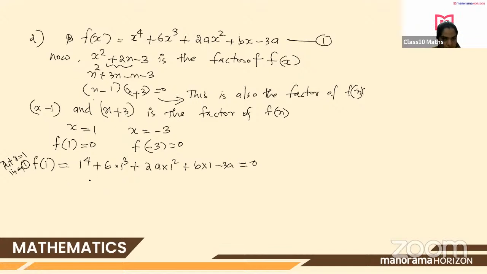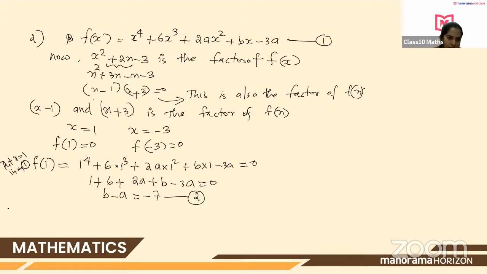So from that we get 1 plus 6 plus 2a plus b minus 3a is equal to 0. And from that we get b minus a is equal to minus 7. So equation 2: b minus a is equal to minus 7.